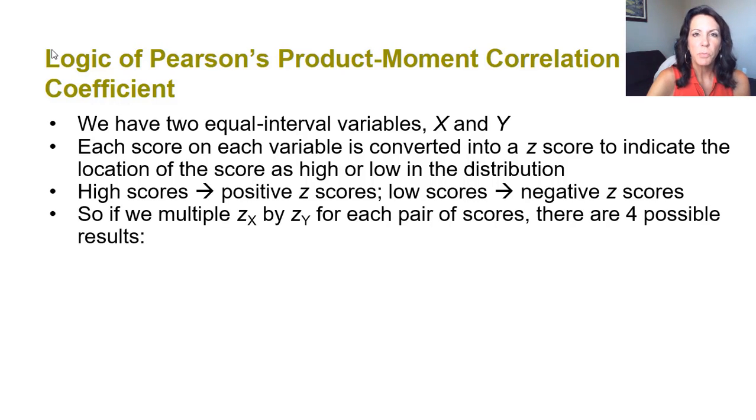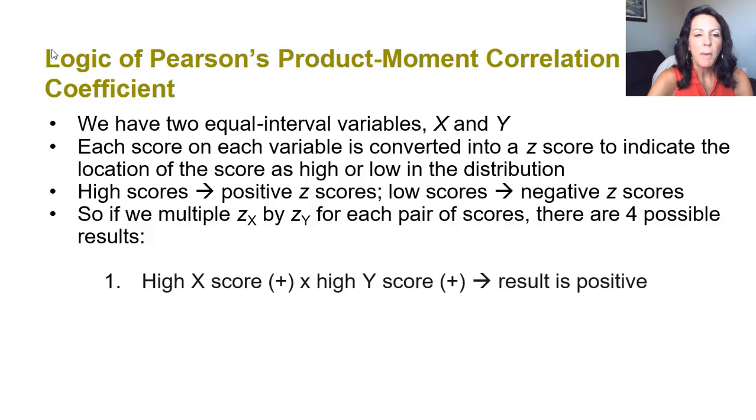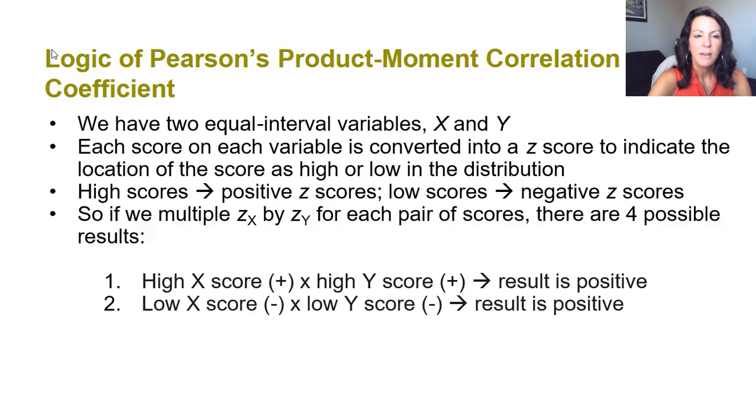So if we multiply the z of x by the z of y for each pair of scores, there are four possible results when we do this multiplication. We might have one high x score, we might have one high y score. In other words, two positive scores is going to give us a positive result. If I have a low x score and a low y score, well, the result is still going to be positive, right?